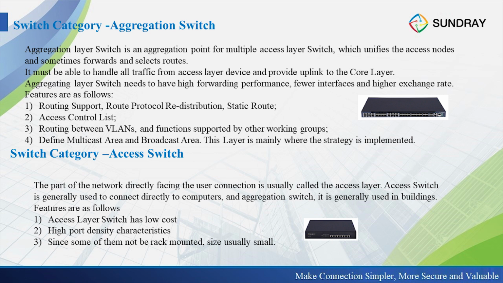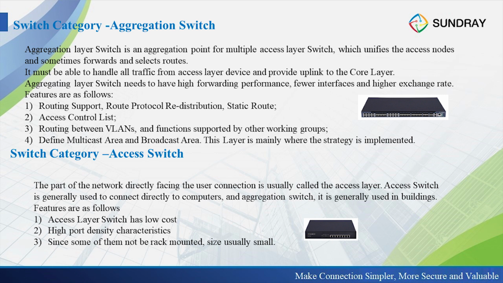So what are the features of the access layer? It must be low cost and have as many ports as possible, because we have a lot of ports. We can connect more devices.